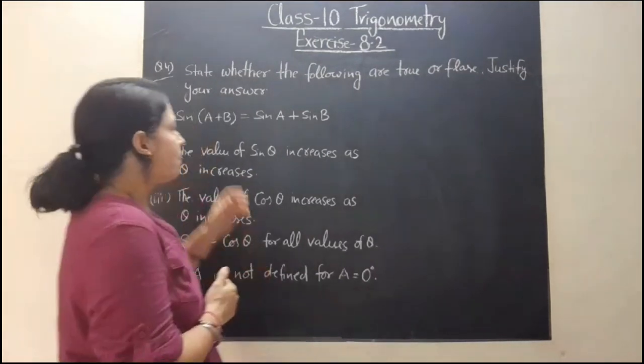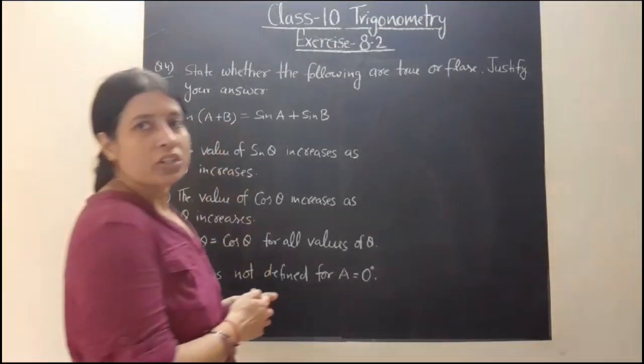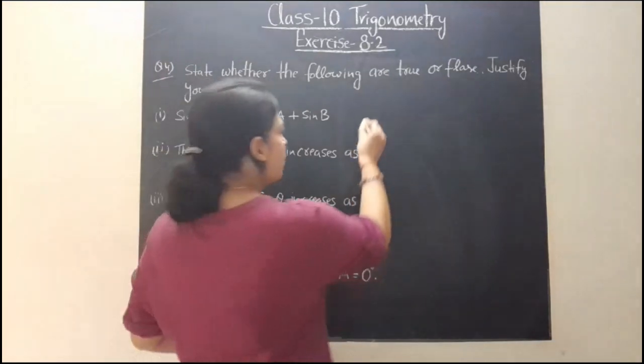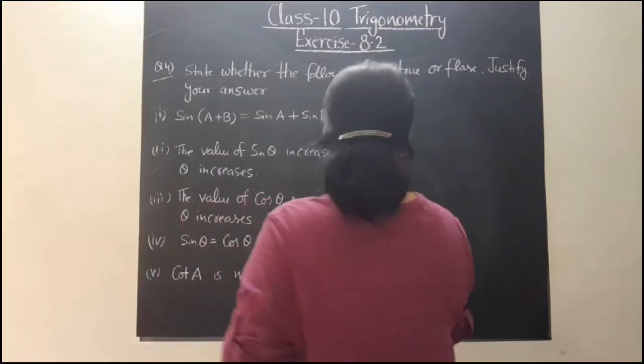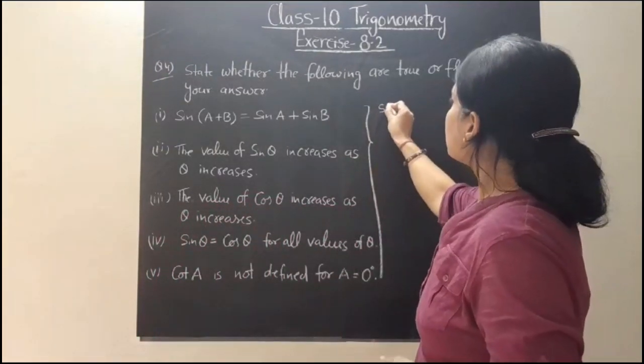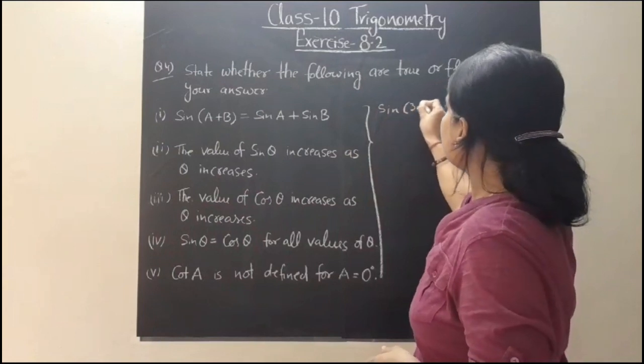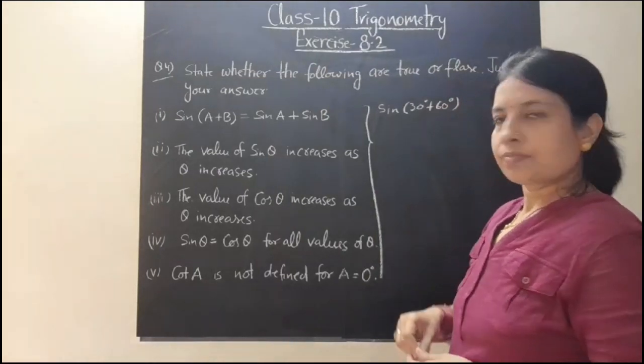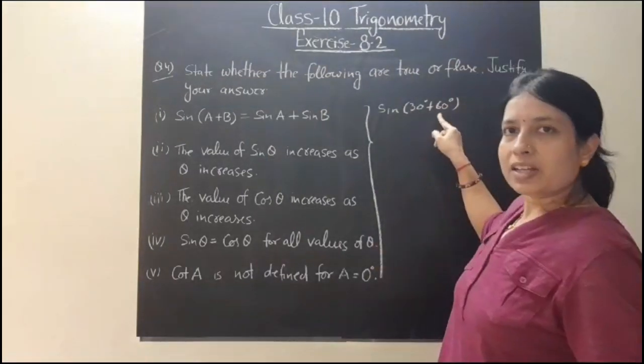So let us check it. So sin A plus B. Suppose I have taken sin 30 degree and 60 degree. So right here sin 30 degree plus 60 degree. Sin 30 degree plus sin 60 degree.